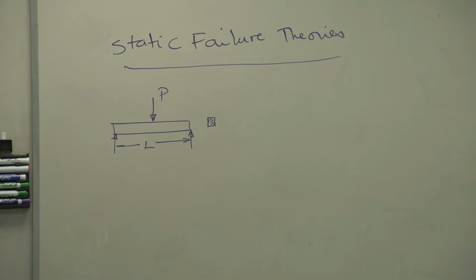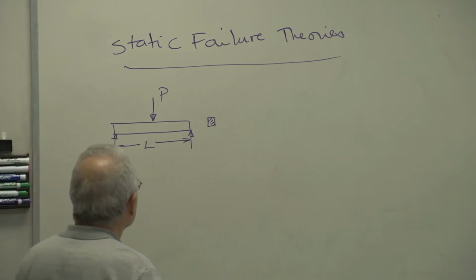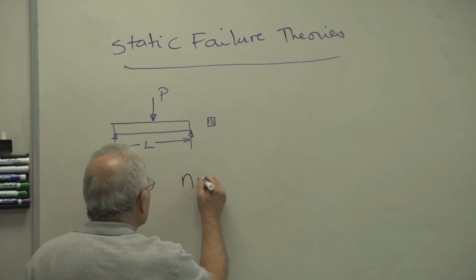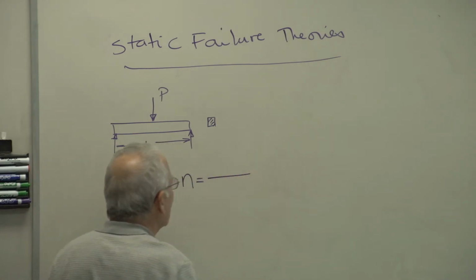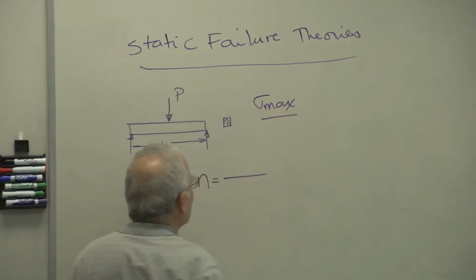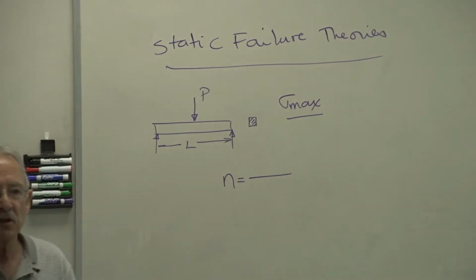You would find the point of maximum stress, either tensile or compressive, whichever. And then, how do you find the factor of safety? Given sigma max, factor of safety with respect to yielding is equal to?